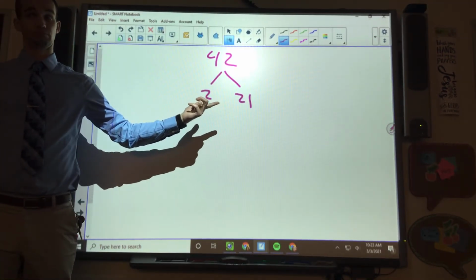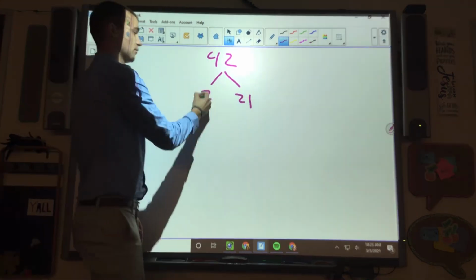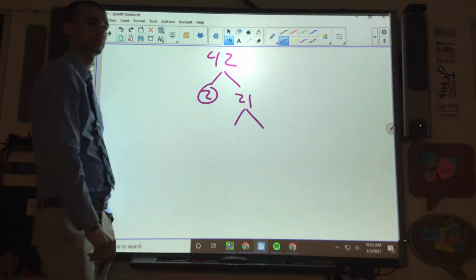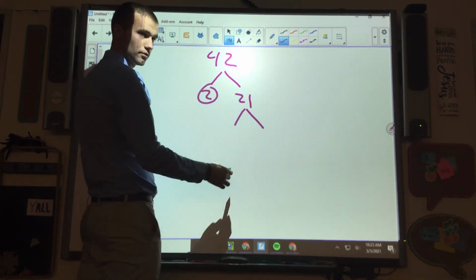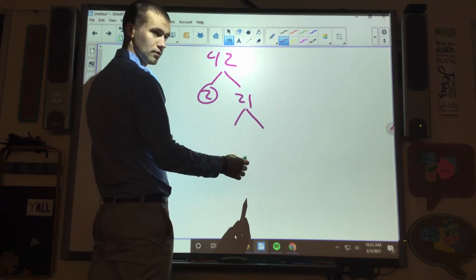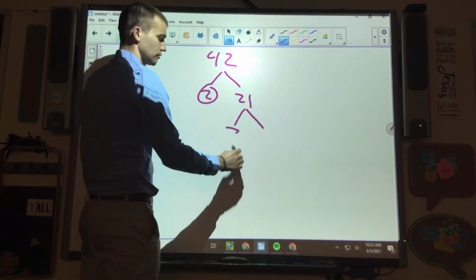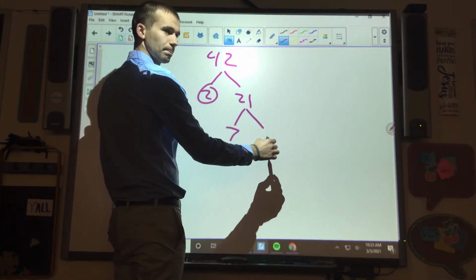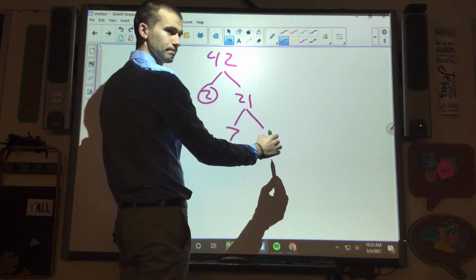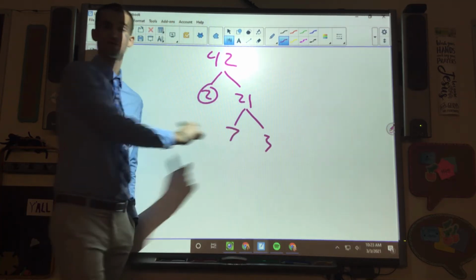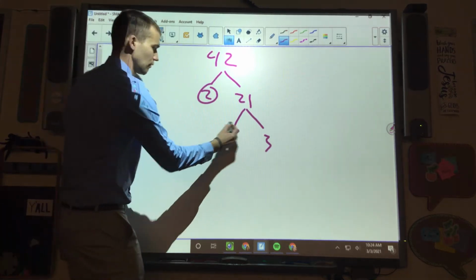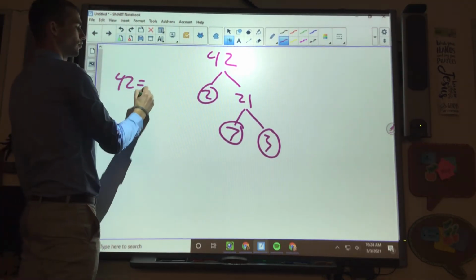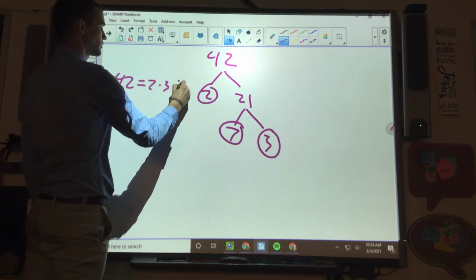No. 2 is prime. 21 breaks into 7 and 3. Are either of those prime? Yes. 42 equals 2 times 3 times 7.